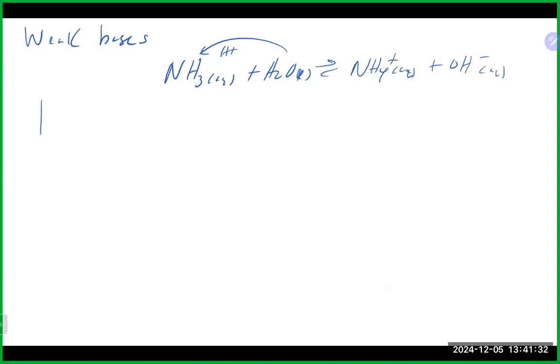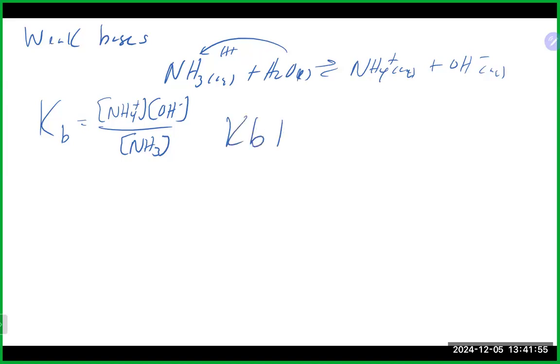We would have a K expression here, known as a Kb expression, b for base. It's still products over reactants. We're not going to include water because it's a pure liquid in this case. And it works on the same idea: as the Kb value increases, the strength of that weak base also increases.